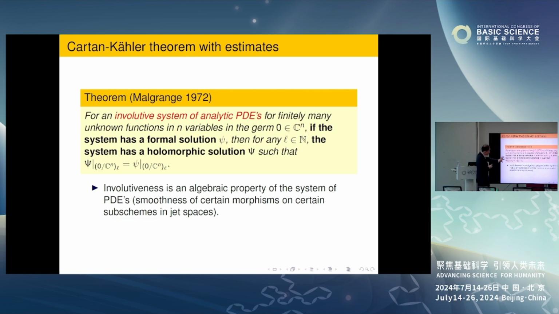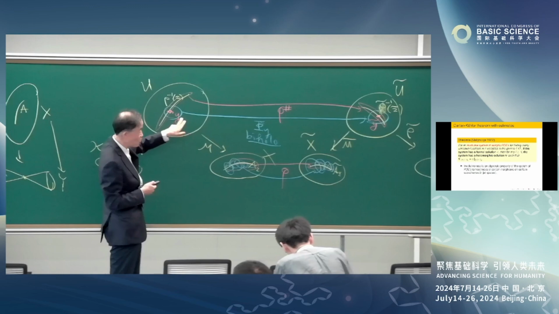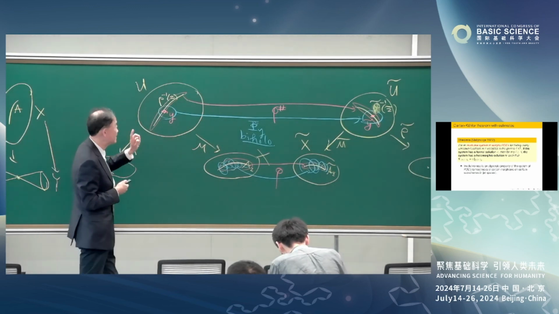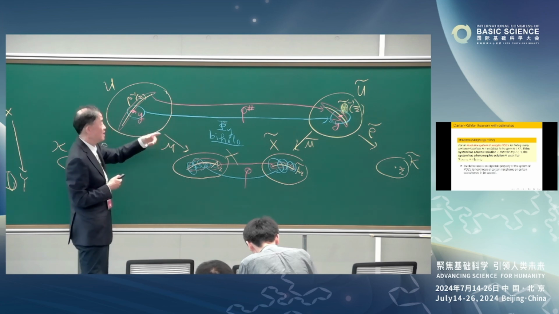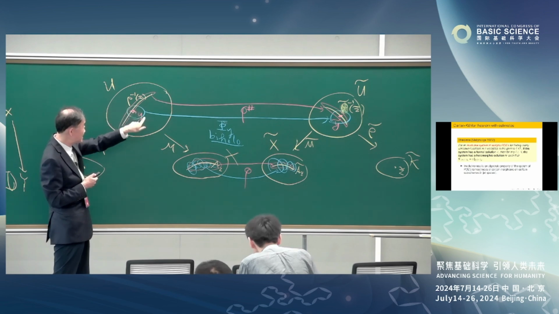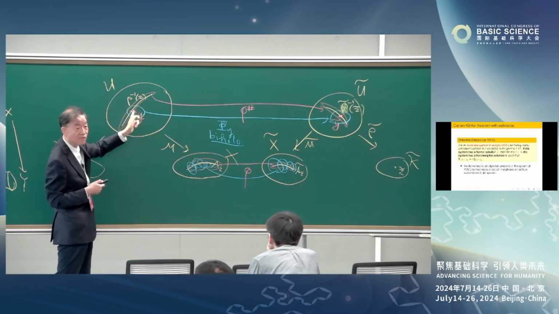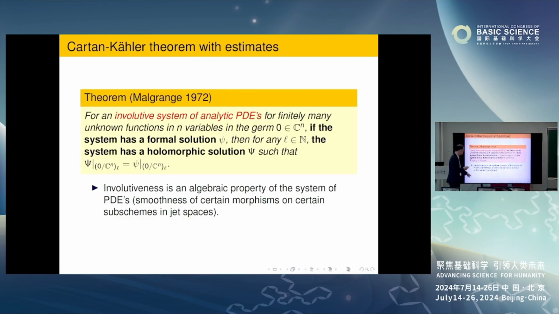But we want to apply this Lagrange theorem to a neighborhood here and find the convergent solution, because we know that there's a formal solution of this system of PDEs. And so what we need is to show that this system of PDEs is involutive. That's what we need.